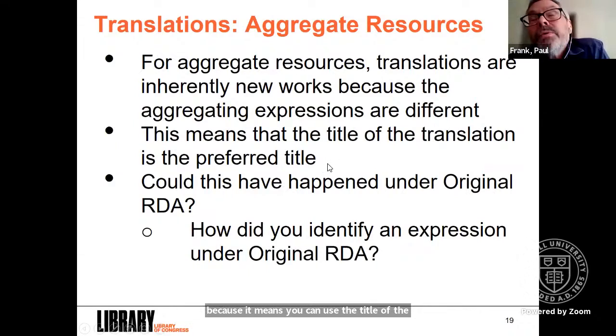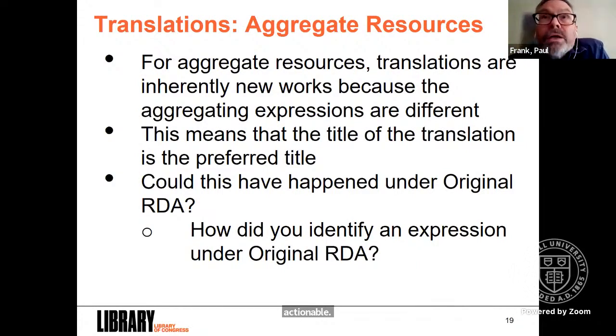And this is exactly what has been tested in PCC with the conventional collective title policy, where we are no longer using those conventional collective titles and we're allowing the manifestation titles, or the instance titles in BIBFRAME, to rise to the level of discrete titles that can be actionable. They're not subsumed as variants. They actually become the title that represents the resource.